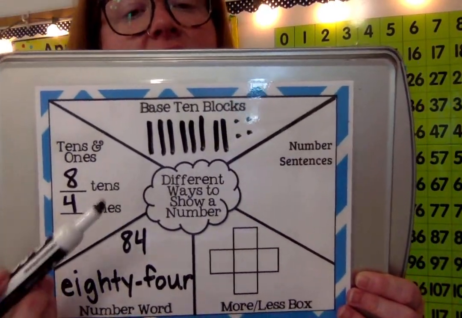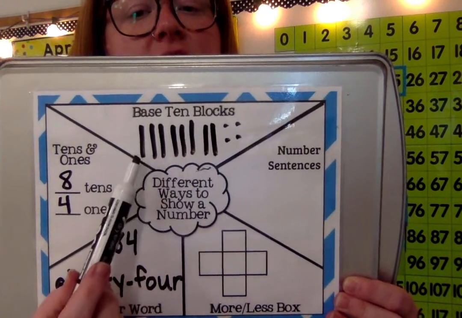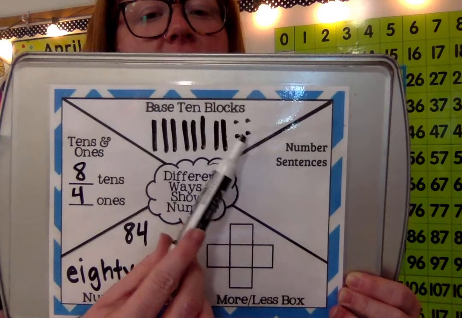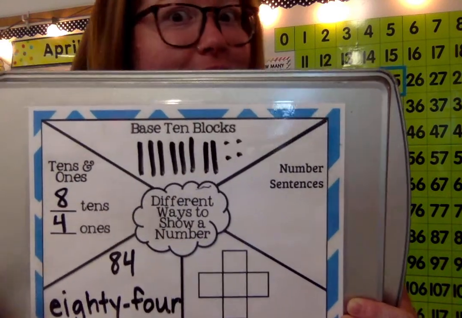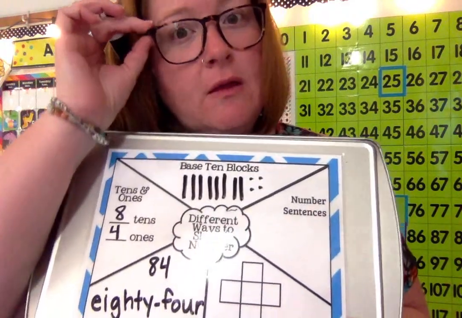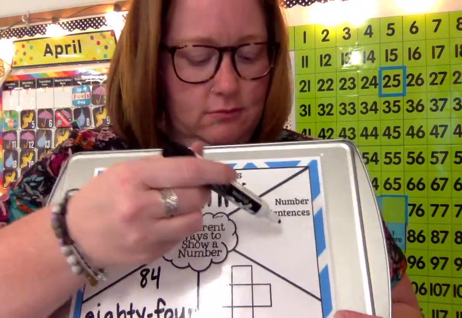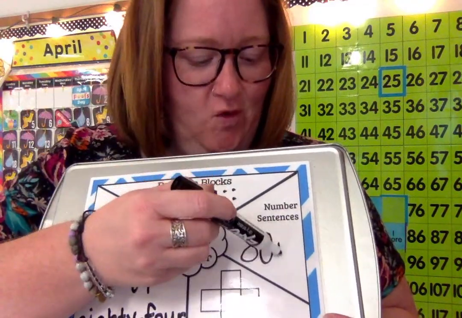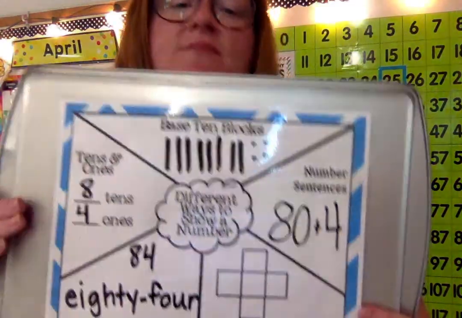I have 8 tens, 10, 20, 30, 40, 50, 60, 70, 80, and 4 ones. 84. So if I want to do expanded form, if I listen to that, 80 plus 4 will be our expanded form.